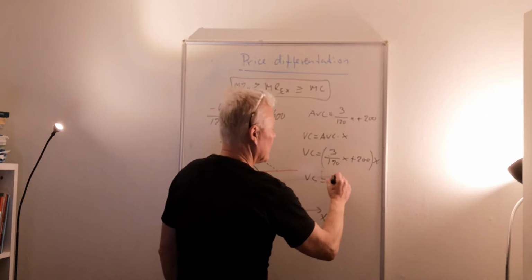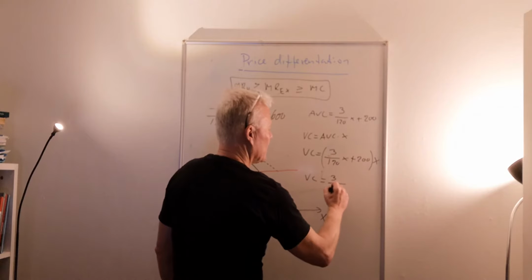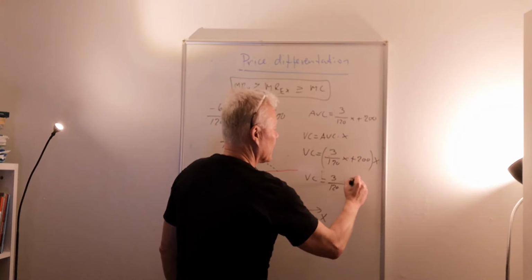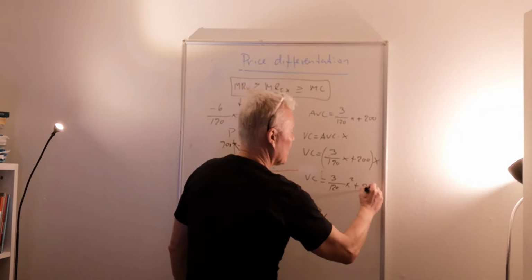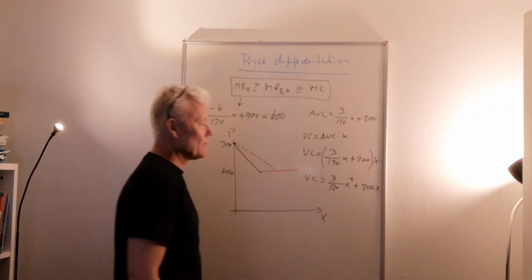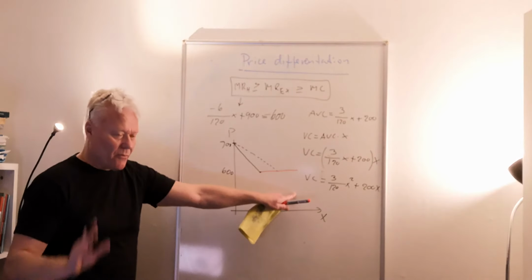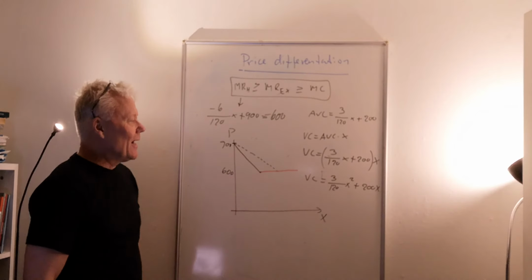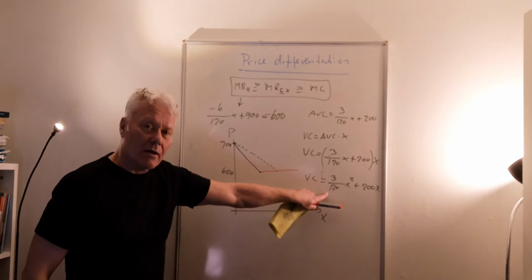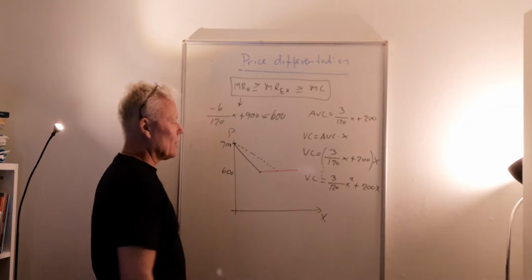That would be 3 over 120x squared plus 200x. To be able to find the marginal cost, sorry, I have to differentiate the variable cost.